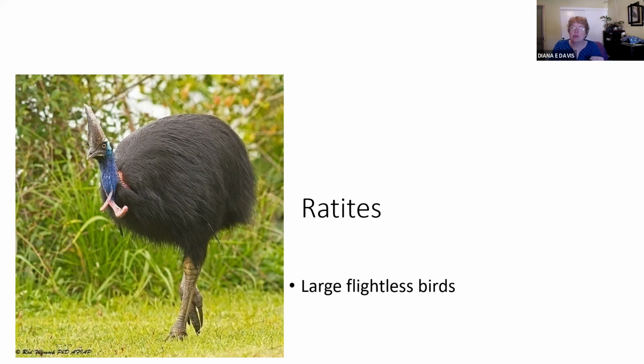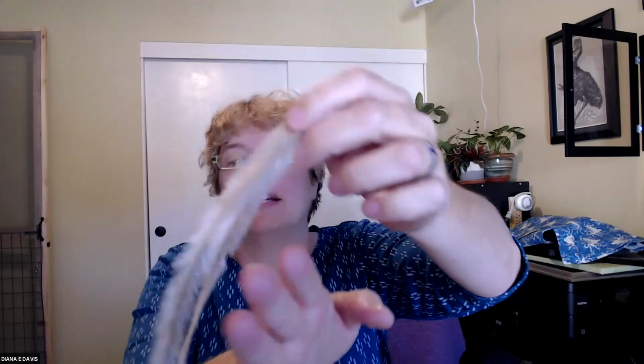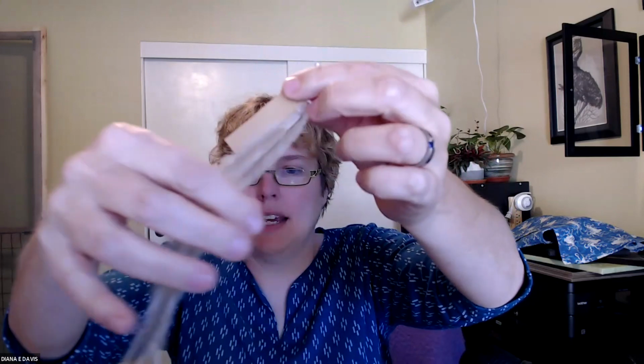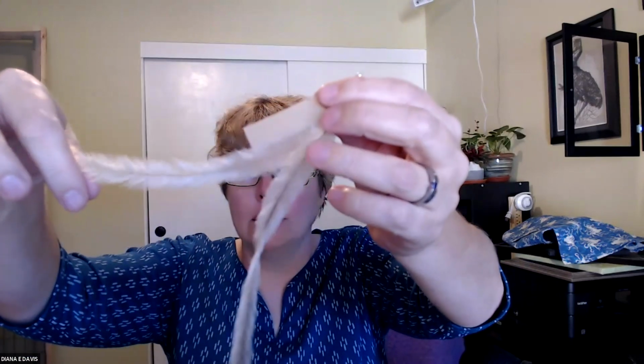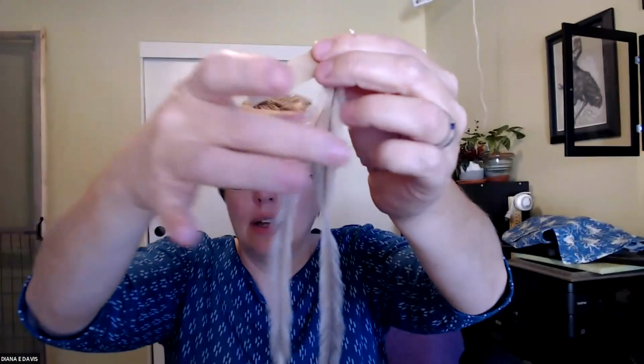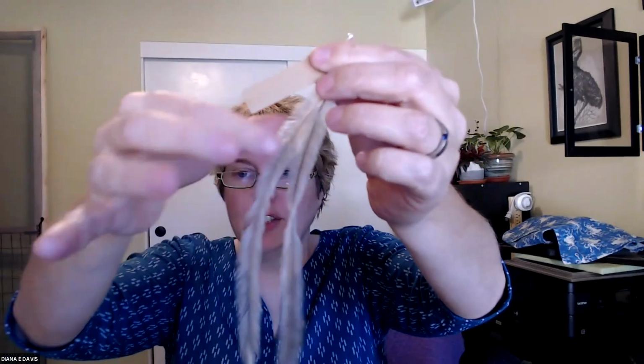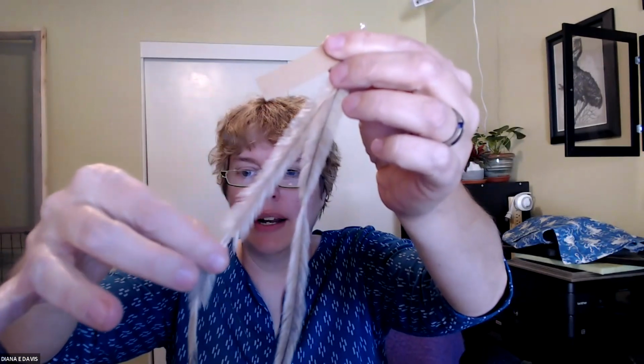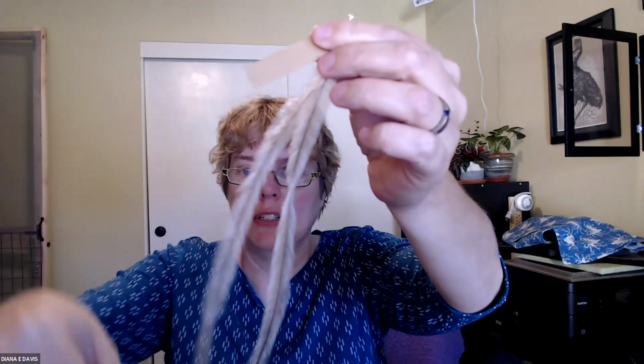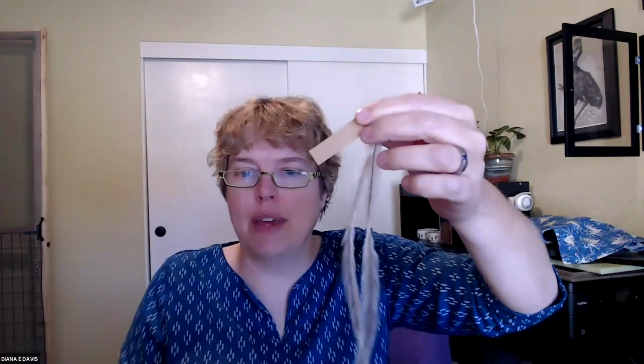I'm going to close this window so you can see me a little bigger. This is an emu feather. You can see it's got 2 long strands. It's kind of loosely textured. It's not highly organized. It's very soft. It's different than what we think of as a typical bird feather.